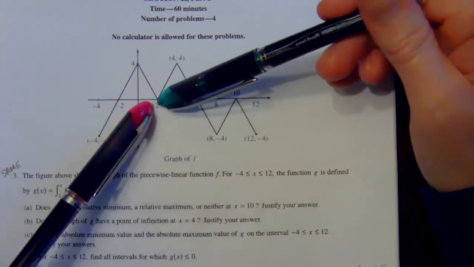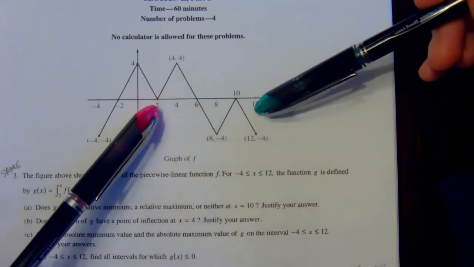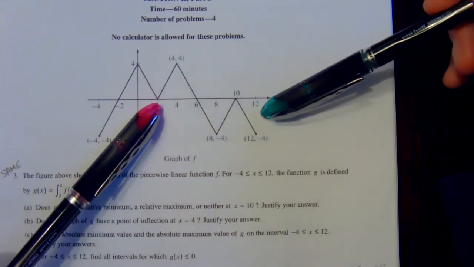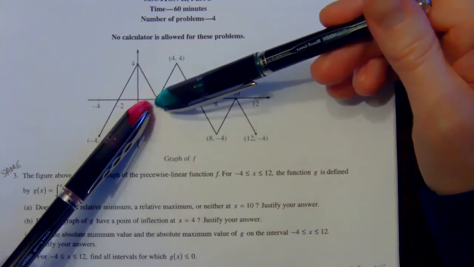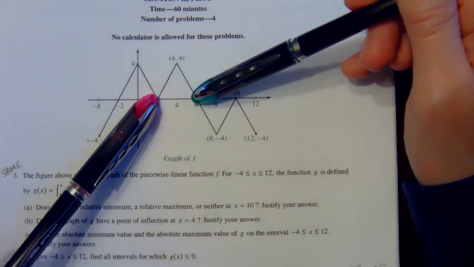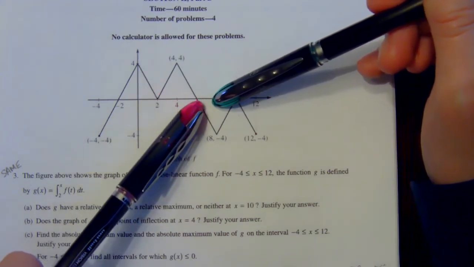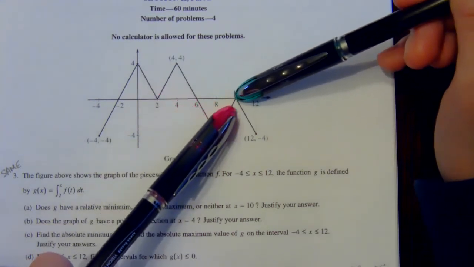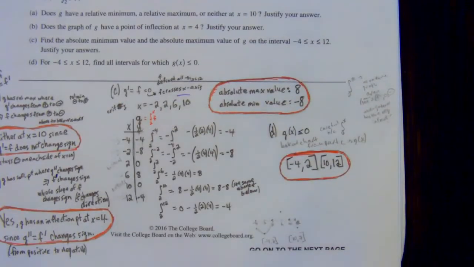And then when you go the integral between 2 and 12, see how the majority of that graph is below the x-axis right there. Here, when you integrate between 2 and x, it's positive, positive, positive, majority is above the x-axis. Then when you hit 10, it goes to 0. And then when you go beyond 10, more is below the x-axis. So that's why in between 10 and 12, that area is going to go negative.